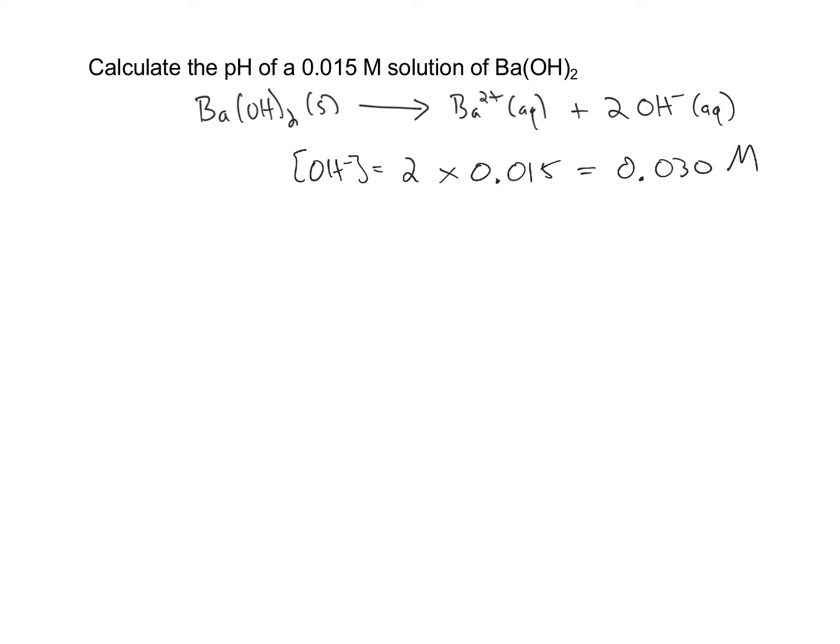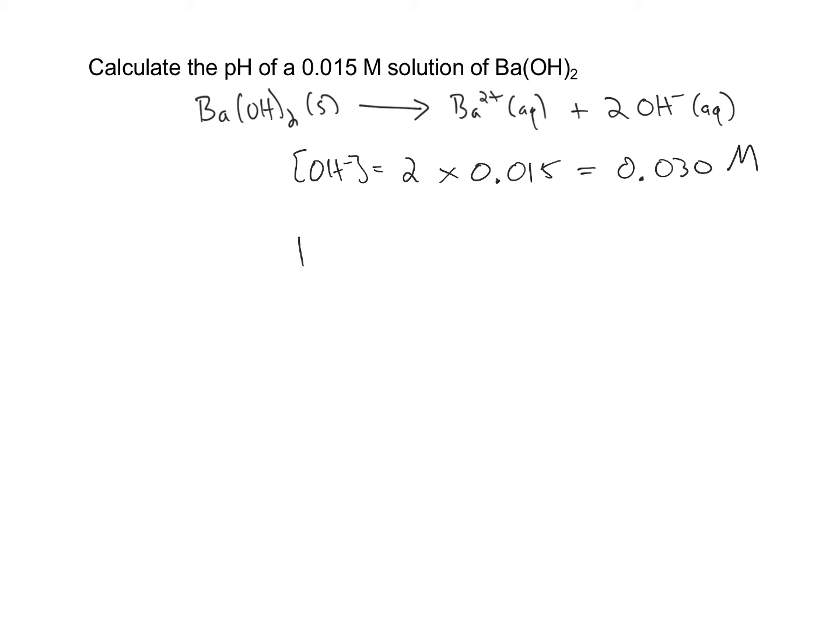Alright, and so now I just need to get the pH of that concentration of hydroxide, which we know how to do. There are a couple ways to do this. We could first use the Kw equation to get the H3O plus concentration, take the negative log of that to get pH. Or the way I'm going to do it is first I'm going to convert that into a pOH and then use that to find the pH.